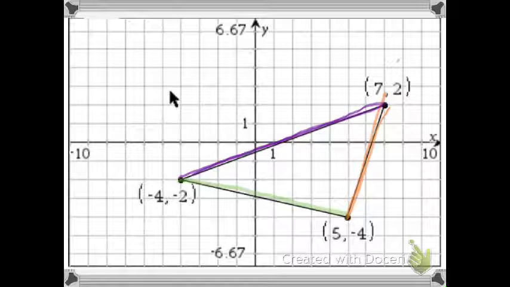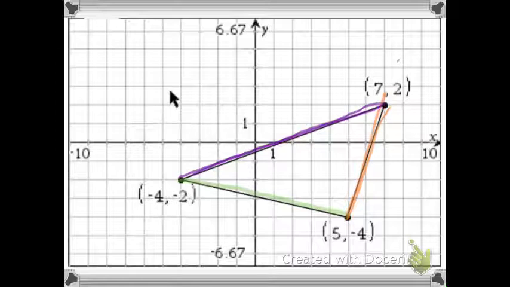But what you can see now is I've got 3 different line segments, a green line segment, an orange line segment, and a purple line segment, and we're going to find the distance of each of those, and we're going to use that to help us find the perimeter.